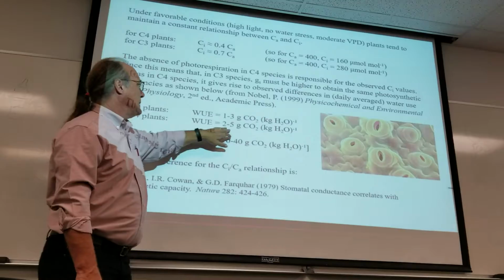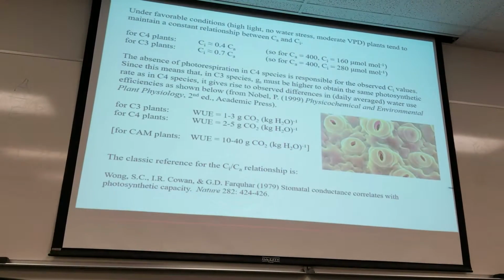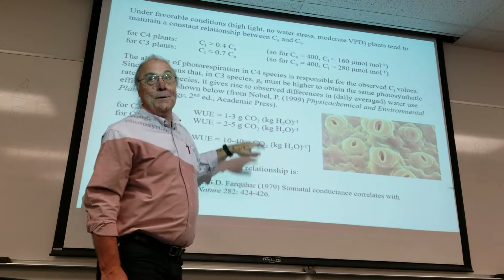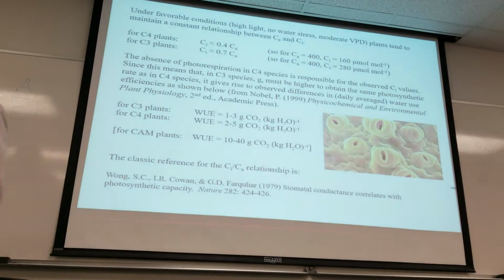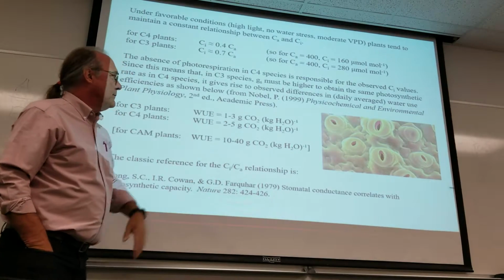And for C4 plants, it's higher, 2 to 5 grams of CO2 per kilo of water lost. So there's a lot more water coming out of the leaf than CO2 going into the leaf in all cases. And this is a typical range for daily water use efficiency.